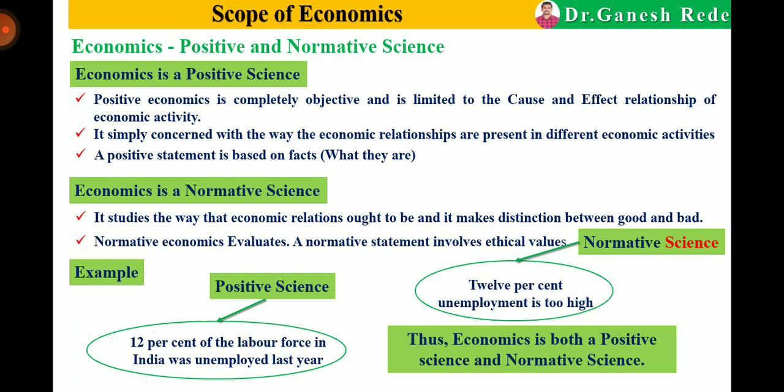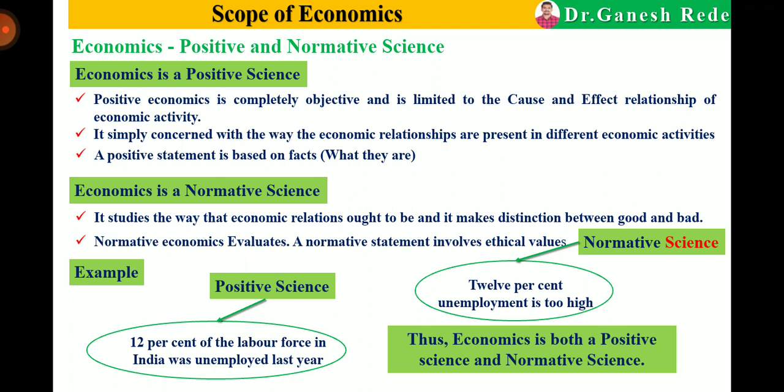If you think as a normative science, 12% unemployment is too high. That is a good or bad judgment, which is shown by normative science. If we think as positive economics, 12% of the labor force in India was unemployed last year, that is the cause and effect relationship: as the population increases, unemployment increases.